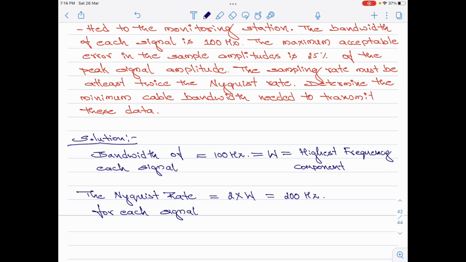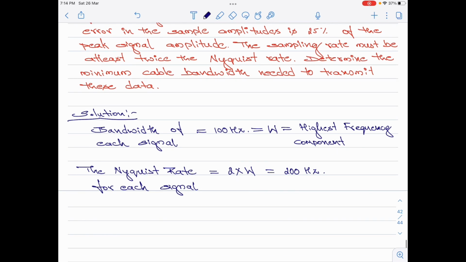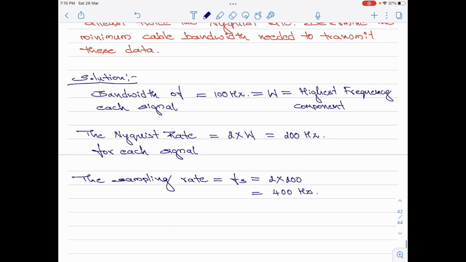Since the sampling rate is given as at least twice the Nyquist rate, the sampling rate Fs is now given by 2 times the Nyquist rate, which is 200. Therefore, the sampling rate is 400 Hz. Please note this is the sampling rate for each signal. I'll just modify this previous part as sampling rate for each signal.